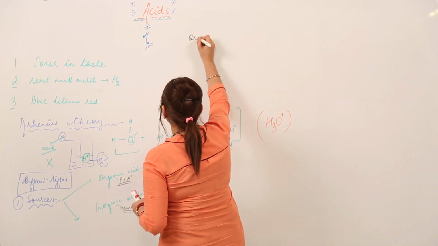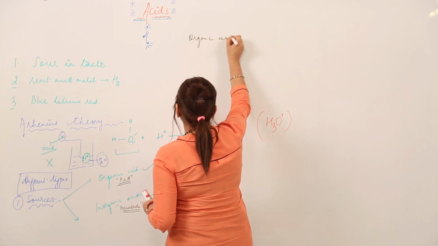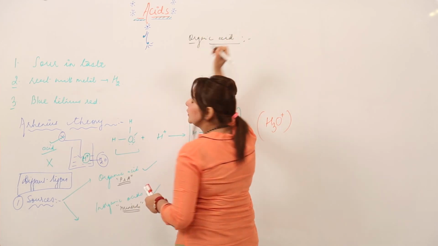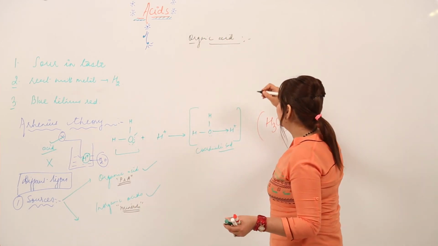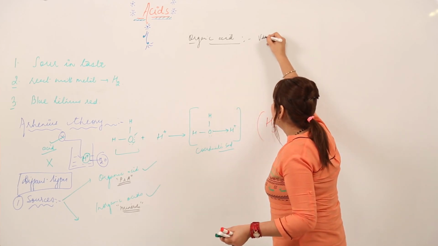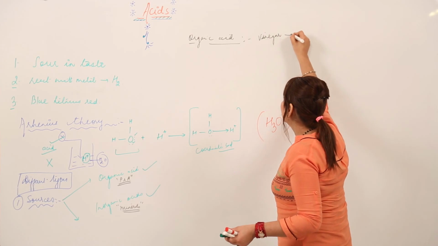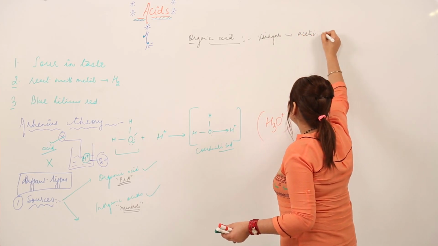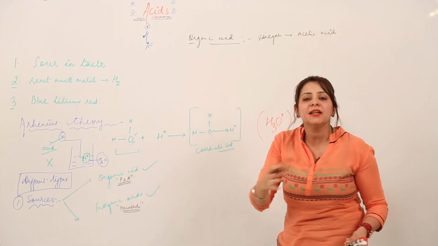When we talk about organic acids, you know that we get these acids from plants or animals, right? The vinegar which we use in the kitchen is acidic in nature because it contains acetic acid.